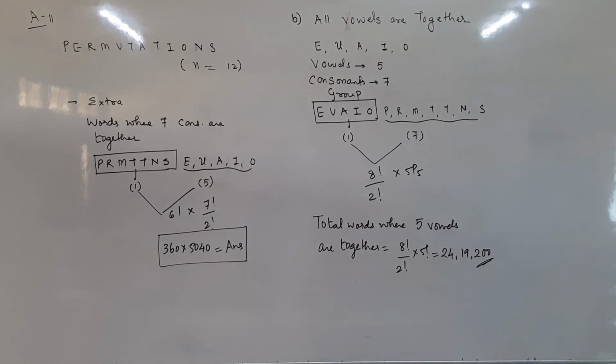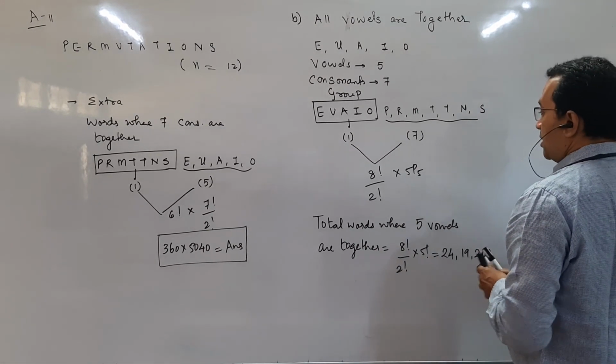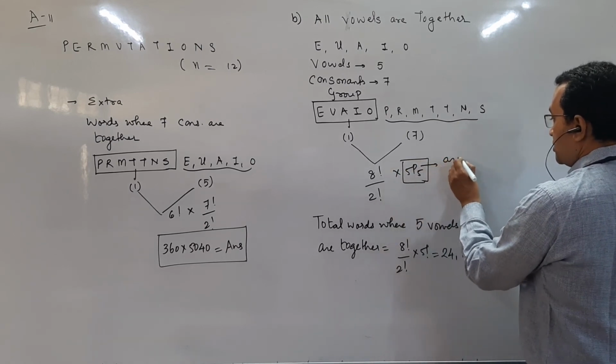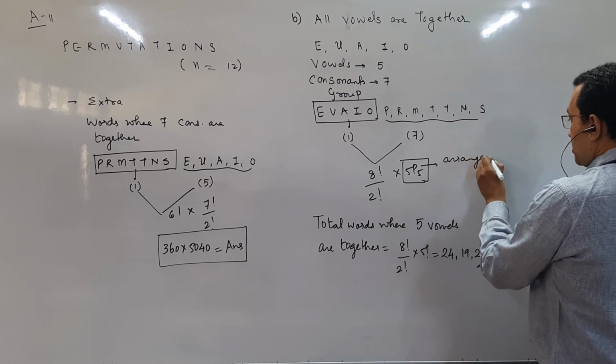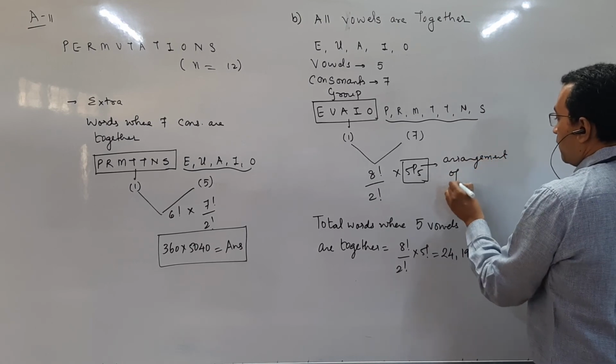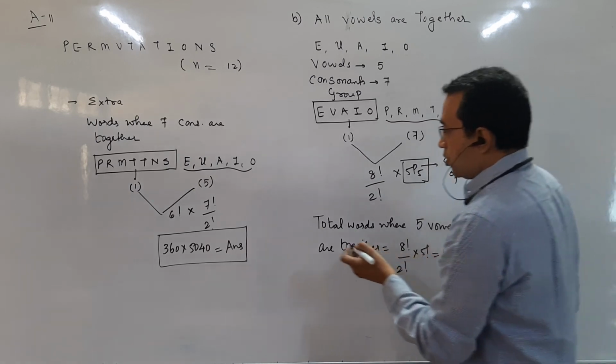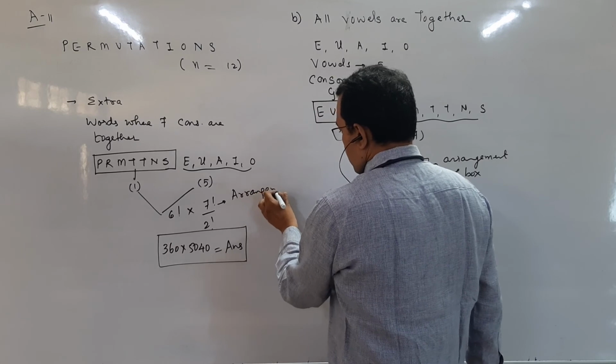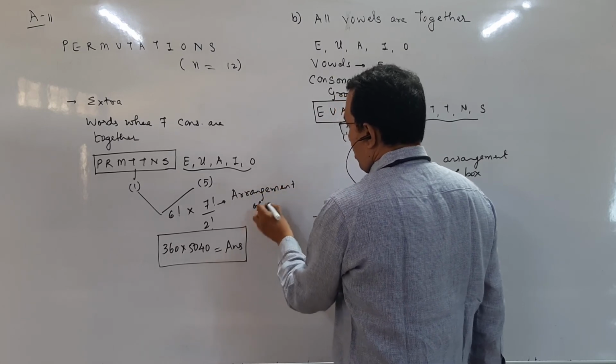So when box is considered 1, 5 vowels are distinct. So 5 plus 1, 6 letters can be arranged in 6 factorial ways. And now we have to multiply the arrangement of the box. Check this particular number, it indicates the arrangement of box. This also indicates the arrangement of box.